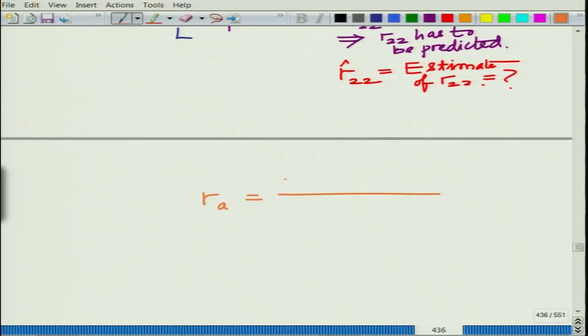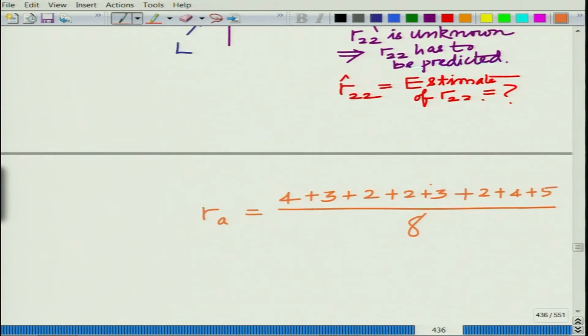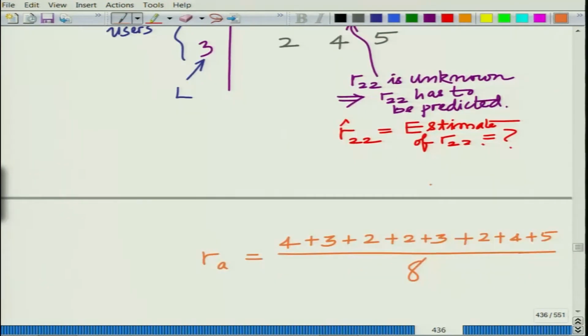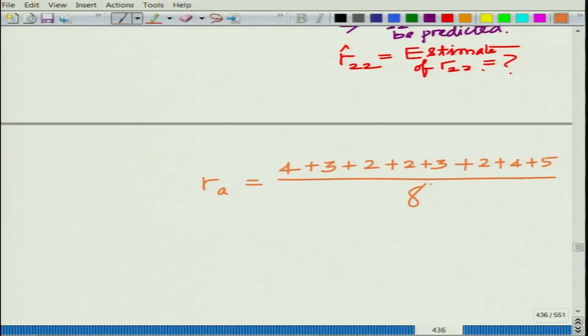So, this would be 4 plus 3 plus 2 plus 2 plus 3 plus 2 plus 4 plus 5 divided by 8. You can see 8 is the total number of ratings.